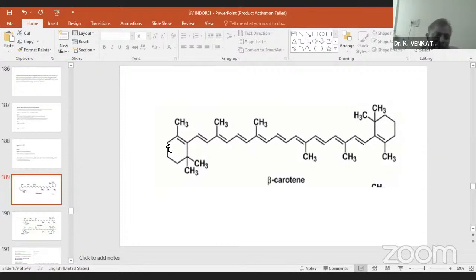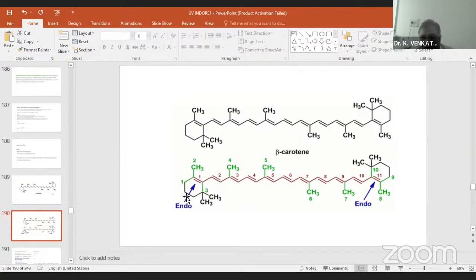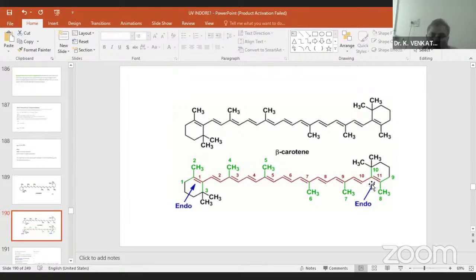So others ready? Yes. So madam, please see, this is total. How many conjugated double bonds are present? Nearly 11 conjugated double bonds. Yeah, 11. And ring inside, that is called endo. One ring, two rings inside. So two endo is present, multiplied by 16.5.